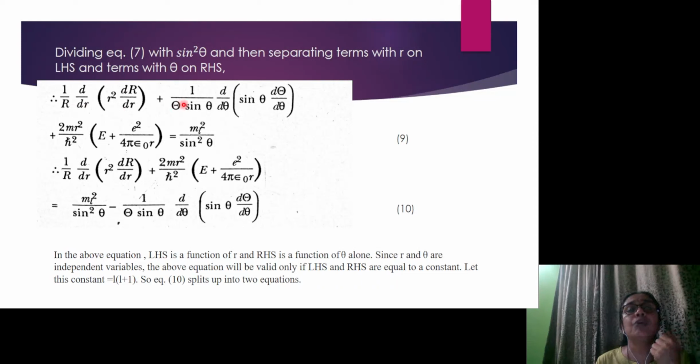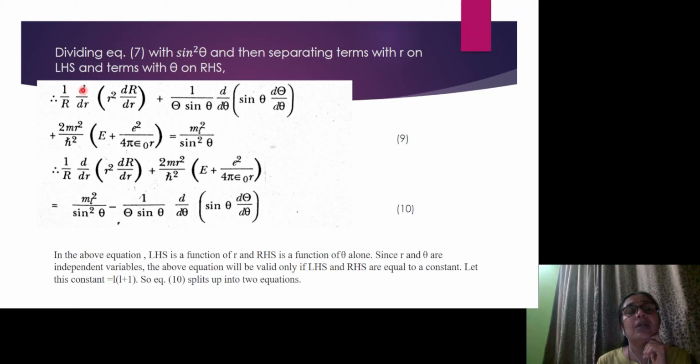Similarly, we do not want terms containing r in the terms containing the derivative with respect to theta. So what we are doing is dividing the equation with sine square theta. Okay, so what does it give me?